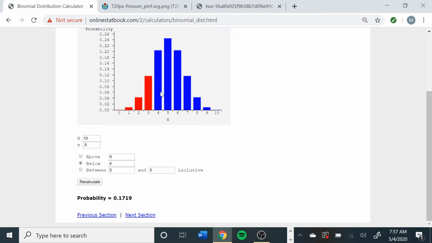So notice that the 4 is shaded blue, but the 3, the 2, the 1, and the 0, can't even see the 0 hardly, it's so small, are all shaded red. And then you hit recalculate. Notice the probability of getting a 3 or fewer is 0.1719.